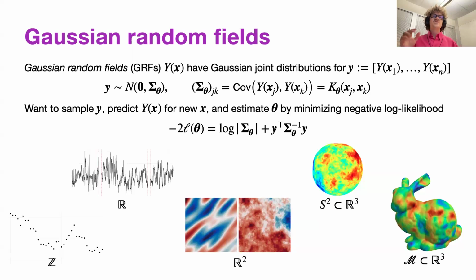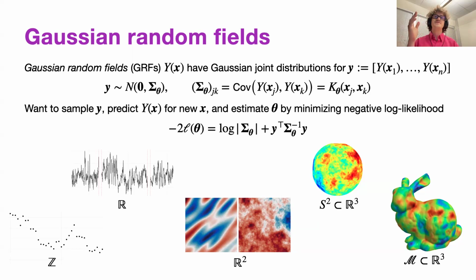Okay, so just to lay the groundwork for the mathematical object that we're interested in, we'll be thinking about Gaussian random fields, which are stochastic processes Y, indexed by this location X, for which the joint distributions of observations of our process at any finite set of locations, say x1 to xn, that joint distribution is Gaussian.